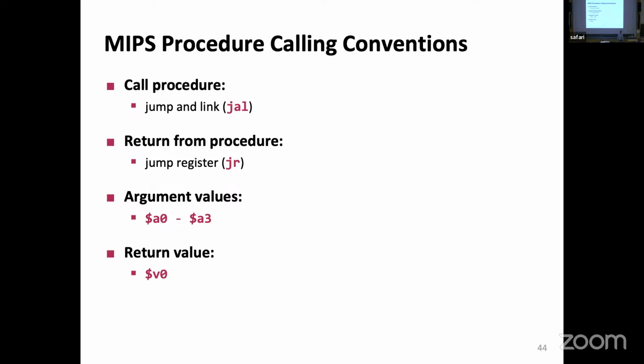And MIPS, because we have so many registers, says, okay, let's do some funny things. Number one, to call the procedure, I need to remember where the program was just before I called it. Normally, I would land at the next instruction.